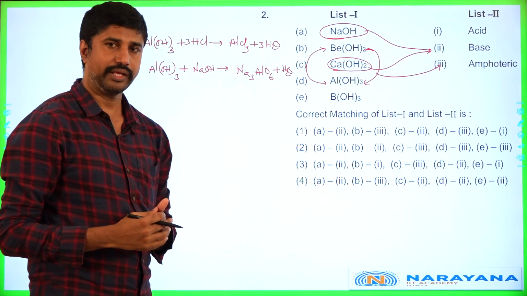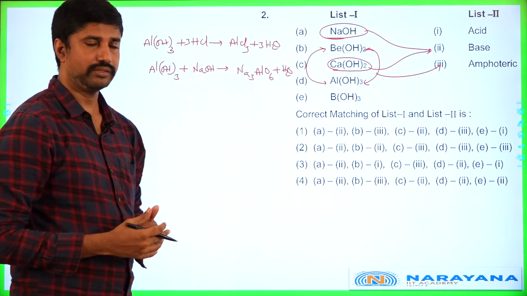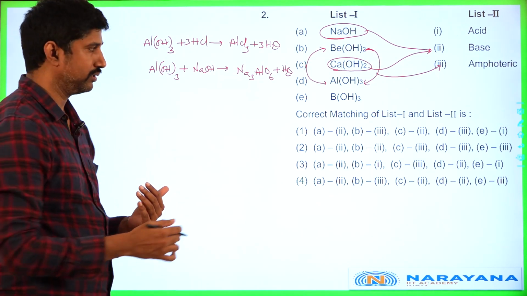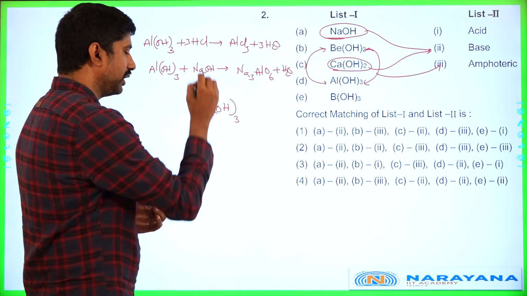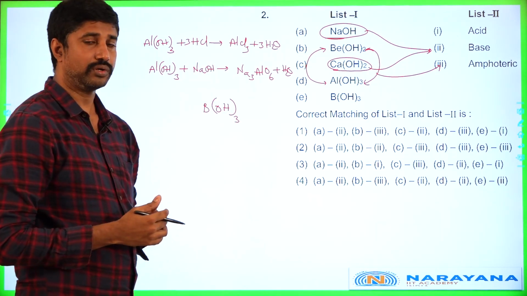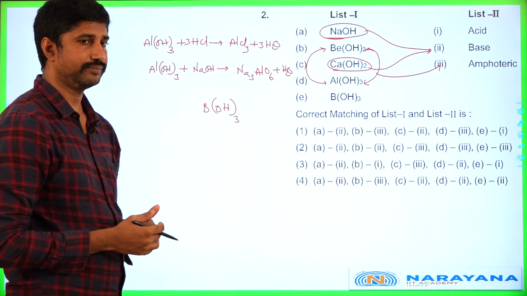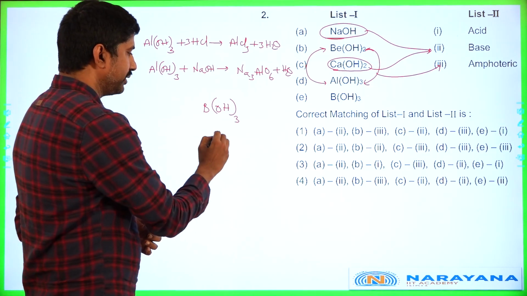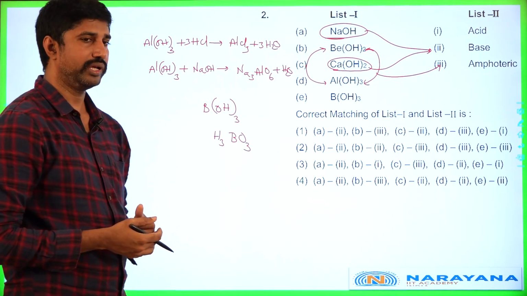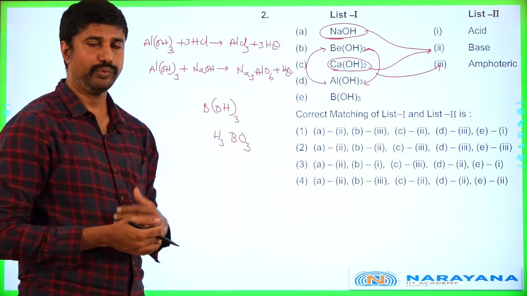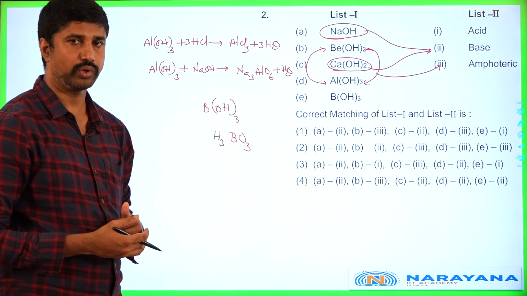And coming to the last example, boric acid, B(OH)3, though we mention B(OH)3, it is not giving OH minus ions. B(OH)3 is nothing but H3BO3, which is boric acid, the oxy acid of boron.